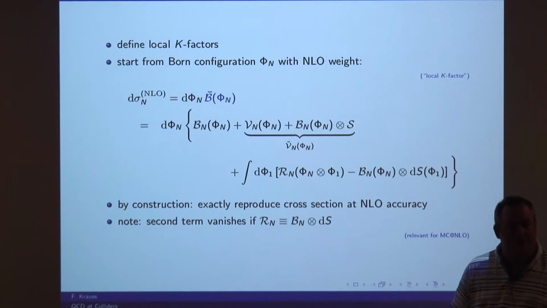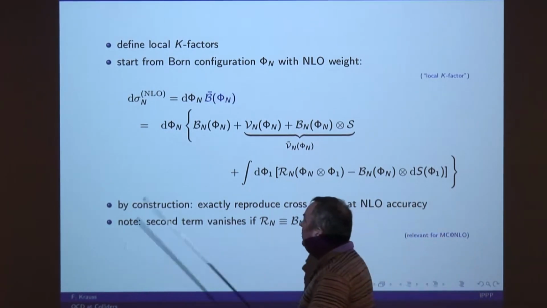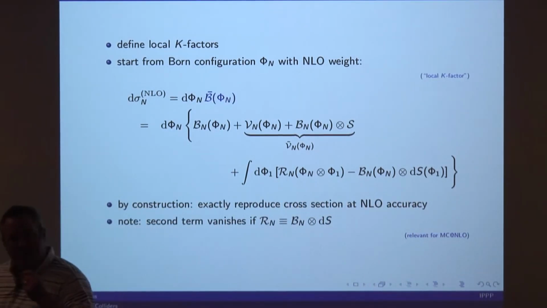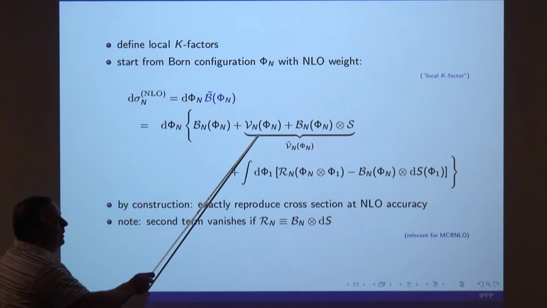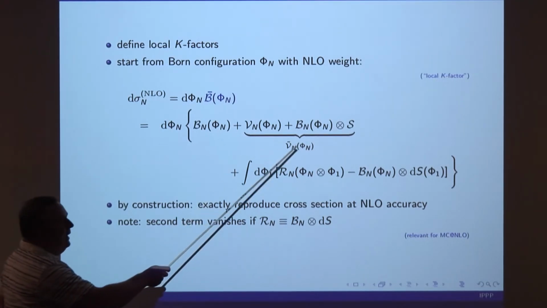The other thing you can do is, you can say, well, actually, I would love to have Born kinematics, but I want to have it in such a way that when I integrate over Born, I get the next leading order result. So how do you do that? You do that by saying, well, I take the Born, I add my virtual, I add my subtraction.